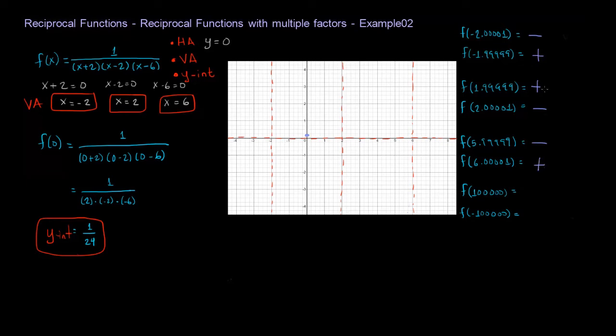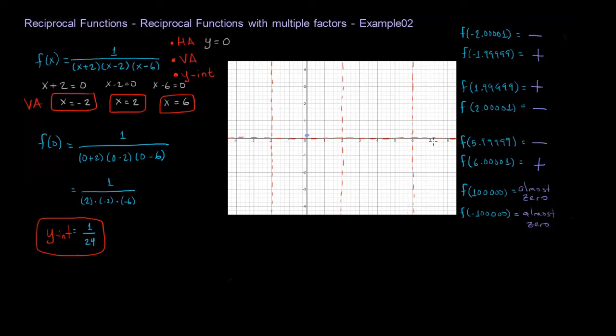Now, with the last two, sorry, this is too ugly here. When you evaluate a super big positive number and a super big negative number, in both cases you will get a result which is almost 0.